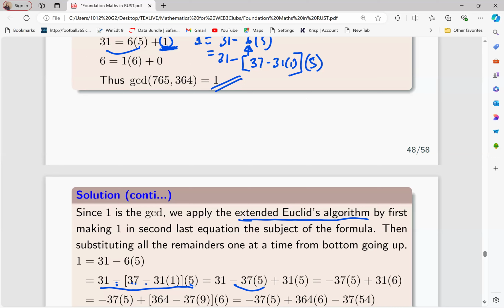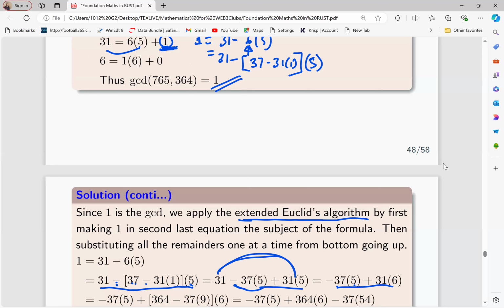Minus times minus is positive, and there's a 5 here. So this is what you get. Then you collect like terms. If you begin with this, this is what you get. That's 7 negative times 5. But this one is 1 times 6.